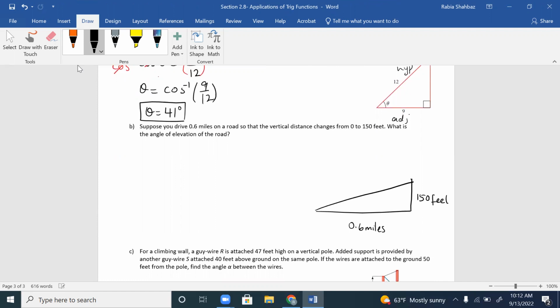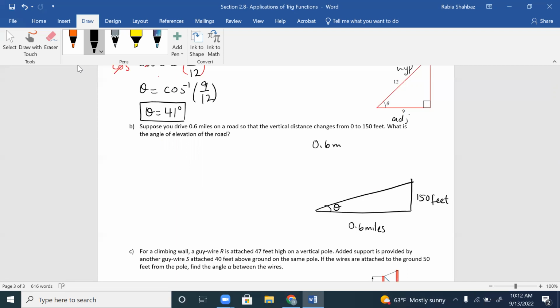Now notice here that the units are not the same. One is in feet, the other is in miles. So pay very close attention, because if you use it as it is, your answer will be completely off. Make sure that you put them into the same unit of measurement. It doesn't matter whether you convert miles into feet or feet into miles.